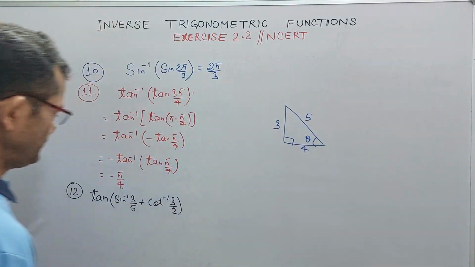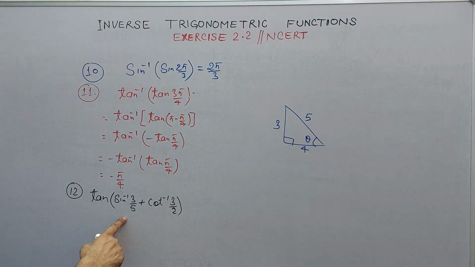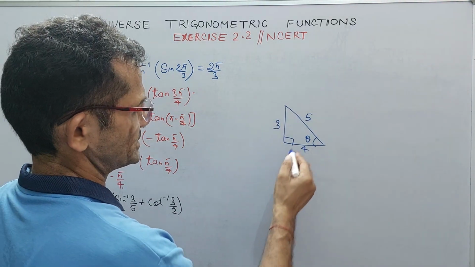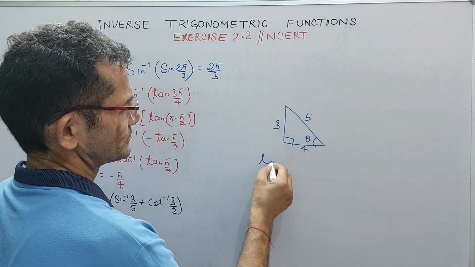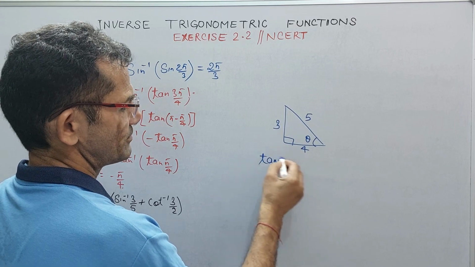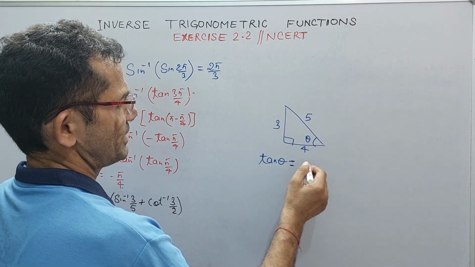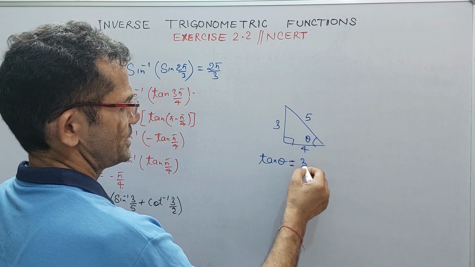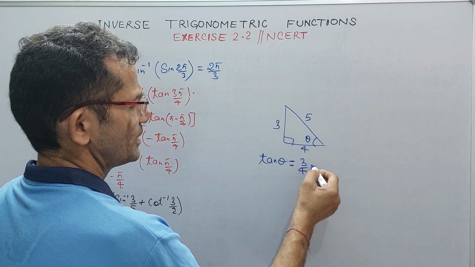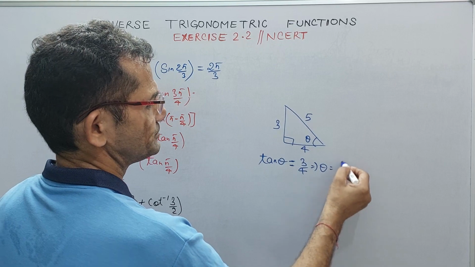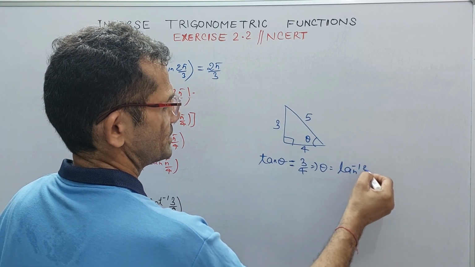So from here, for sine inverse 3 upon 5, we need tan inverse because outside of the bracket is tan. So here tan theta will be 3 upon 4. Therefore theta will be tan inverse 3 upon 4.